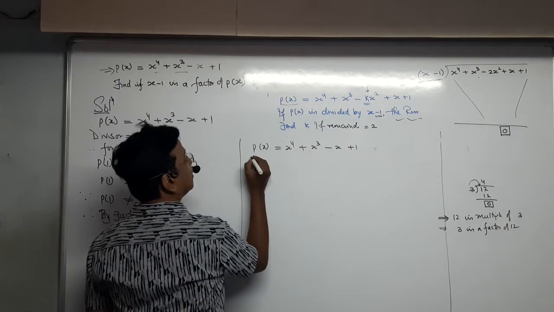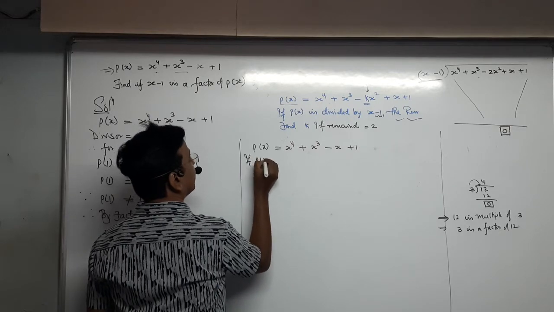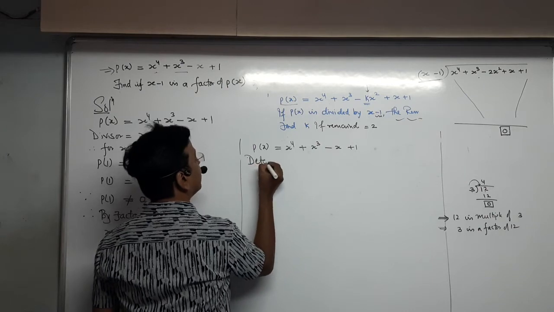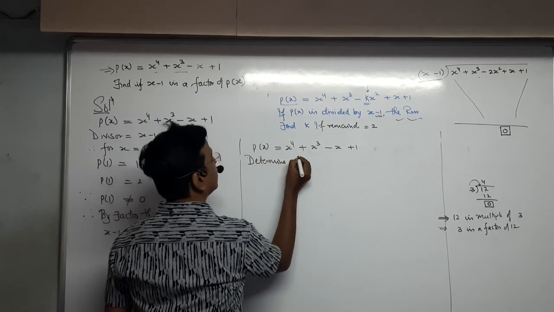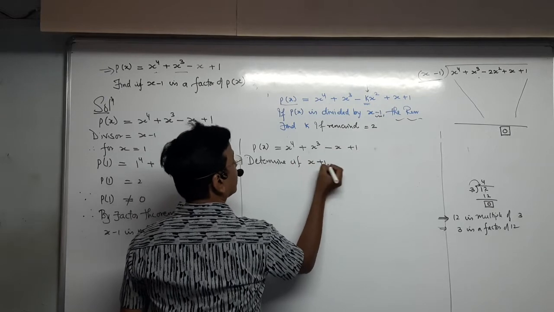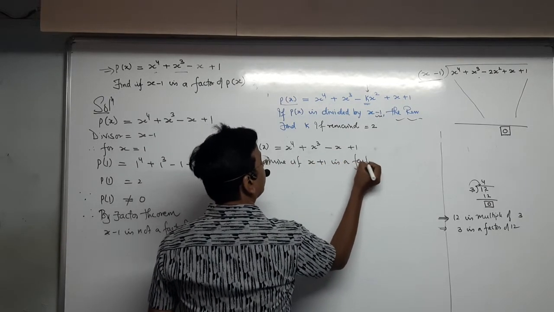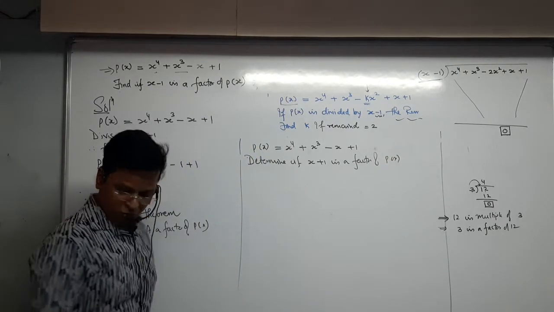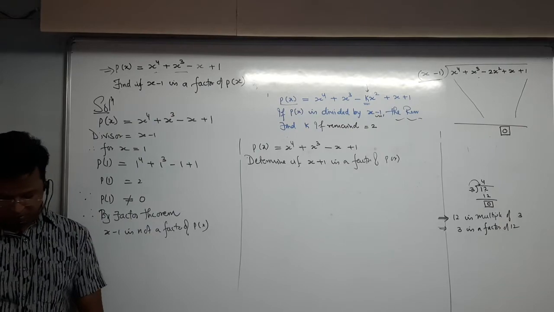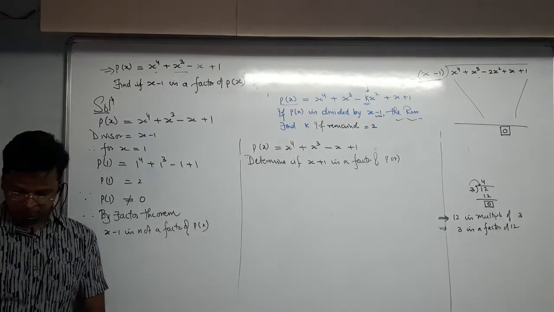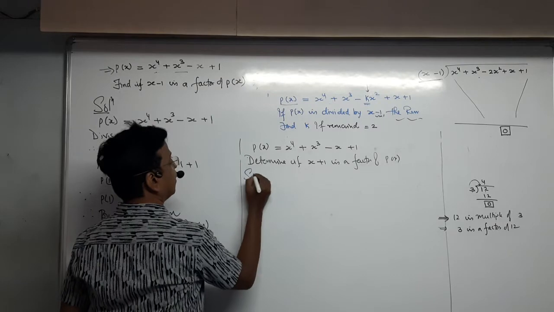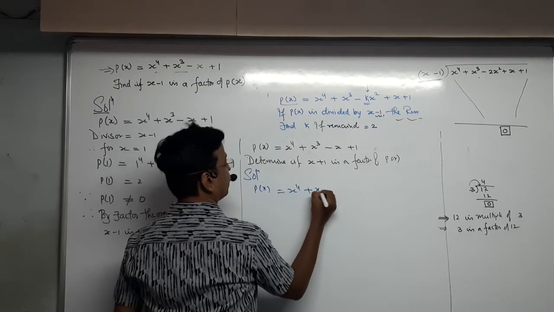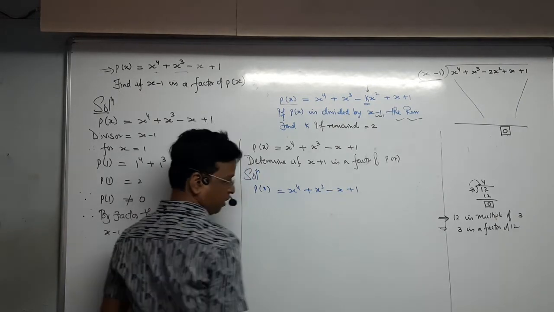Now I will ask: find or determine if x plus 1 is a factor of p of x. So now what I will do, in the solution, first I will write p of x is equal to x raised to the power of 4 plus x cube minus x plus 1.